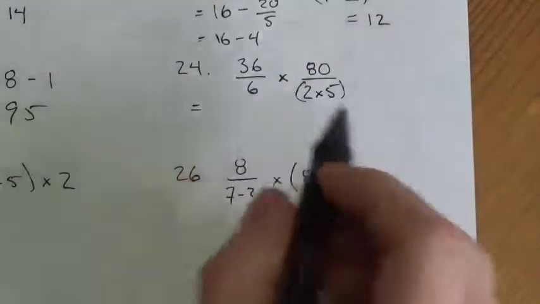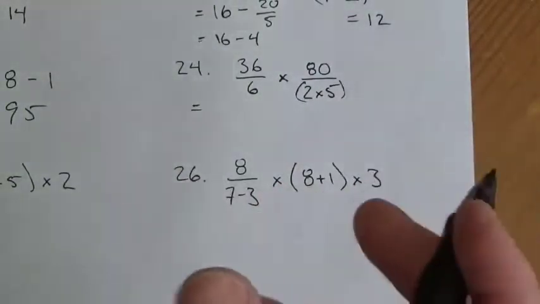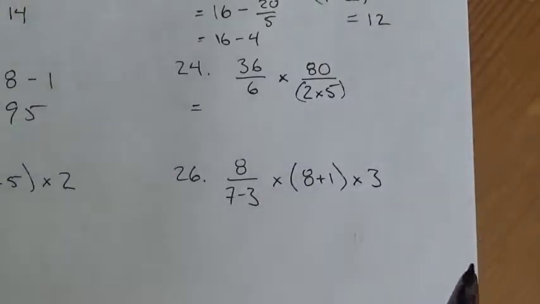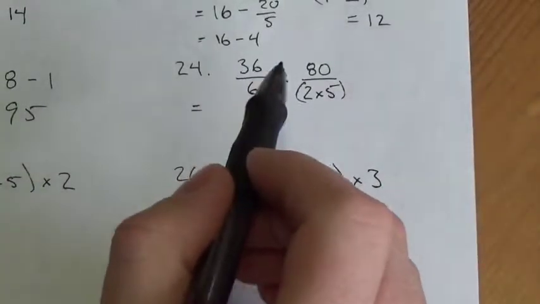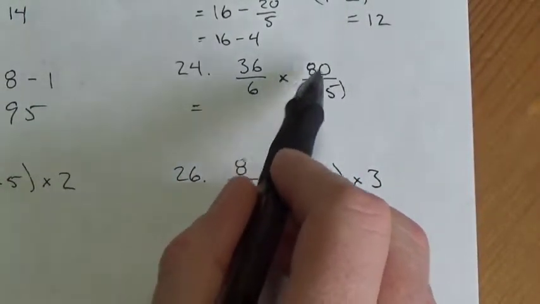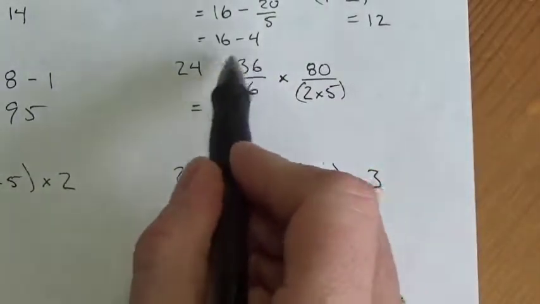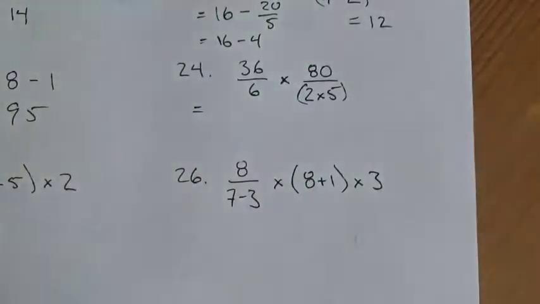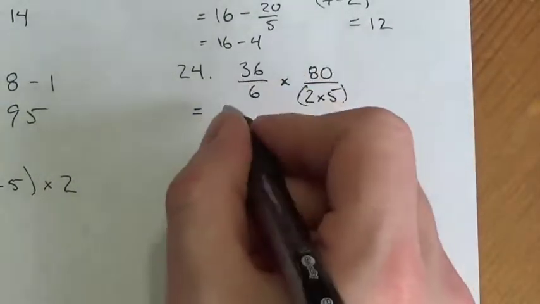I'm going to get a big number in the numerator. So because I can kind of play with the order of that a little bit here, I am going to. Now, I'm not going to play with the order so much that I'm going to go, okay, this is 36 divided by 6 multiplied by 80, and then go, well, 6 times 80 and then 36 divided by that. I'm not going to do that. These two are linked together. 36 divided by 6 is 6.